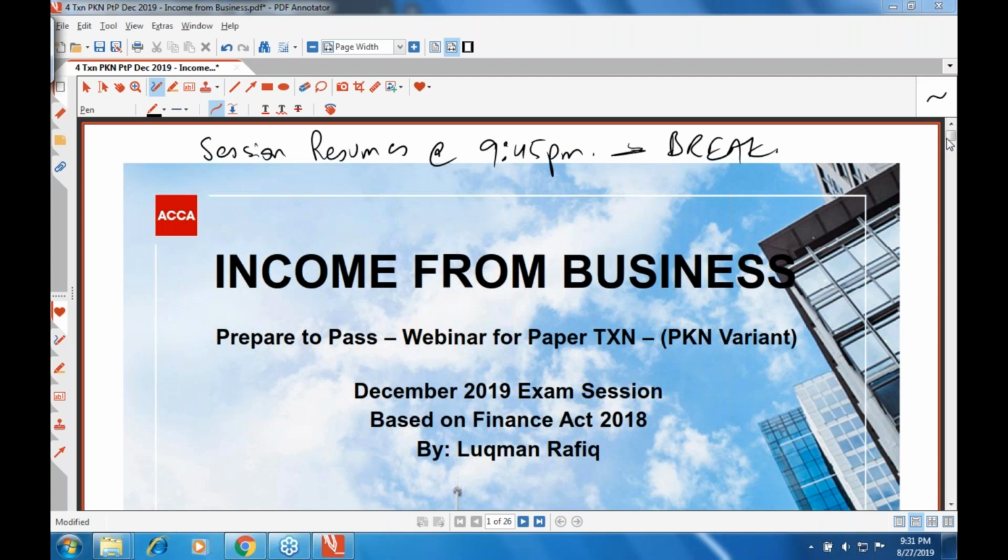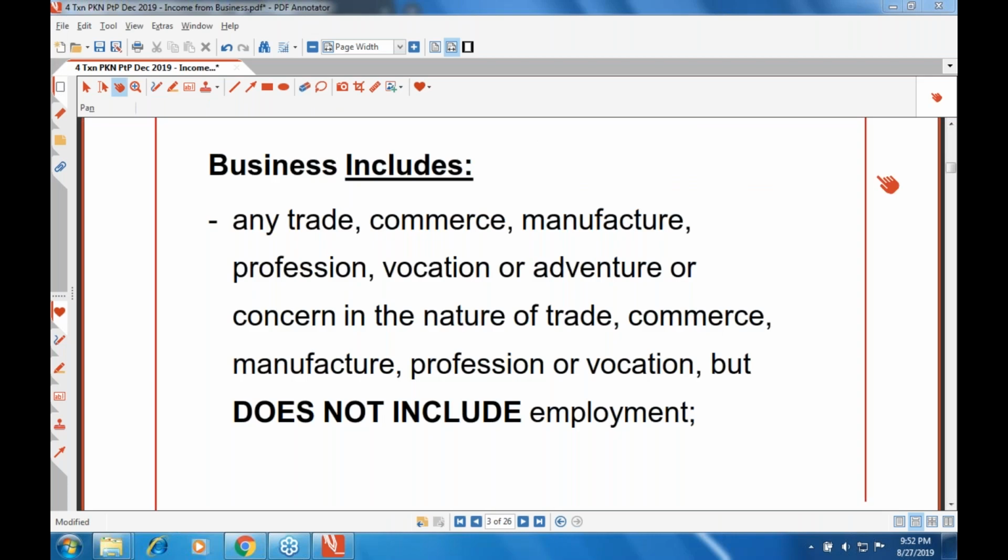Now, when we talk about the concept of income from business, you have got the definition of business, which is that business includes.